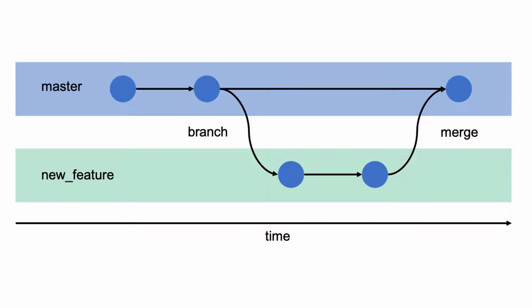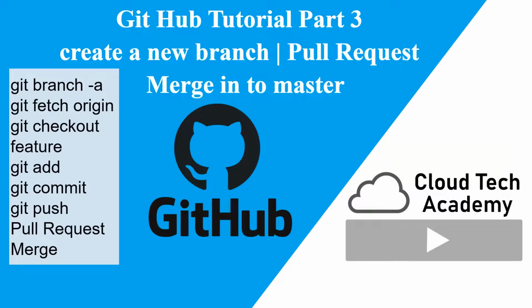So what you need to do is, going forward, you should create a new branch which is feature or whatever branch name you want to provide. This new branch is literally a copy of your master branch. You will make all your changes in this new branch, test it, and finally you will merge it back to master. Now we are going to see how to create a new branch and how to submit a pull request.